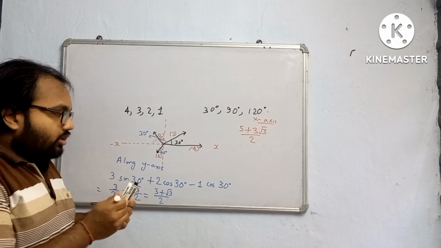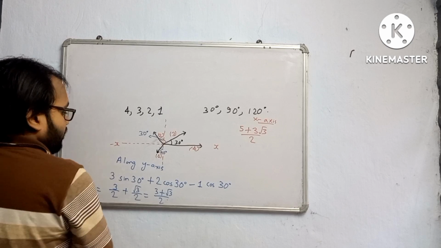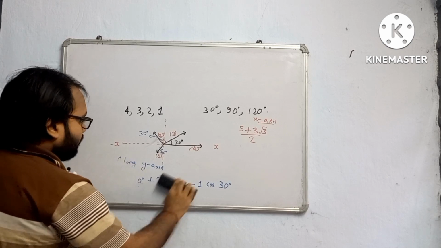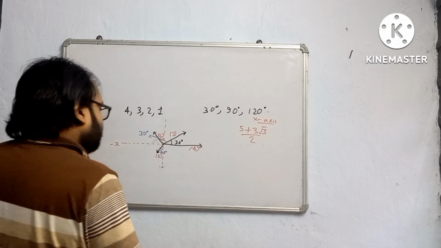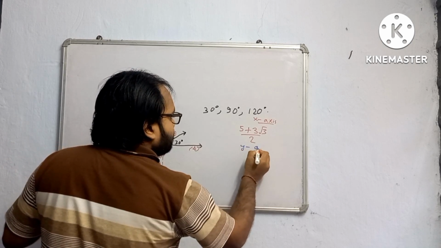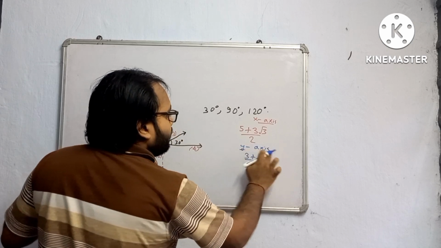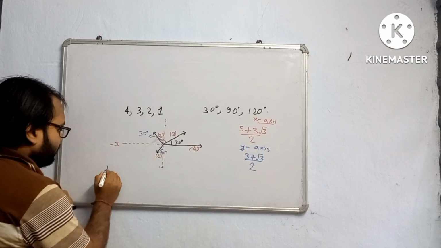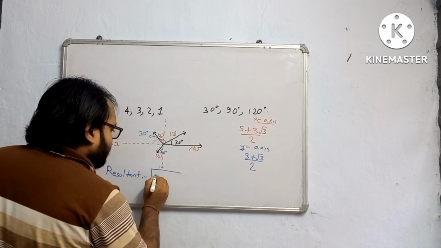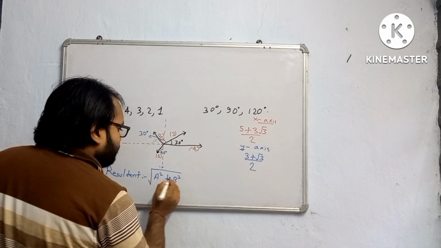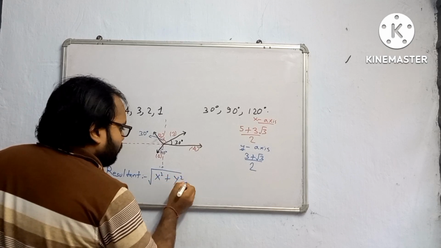How to find the resultant? You know resultant is root under a square plus b square, or we can write x square plus y square.